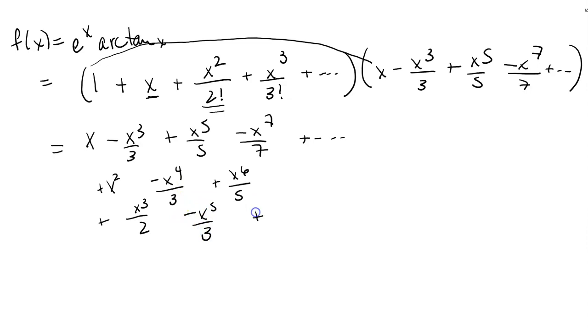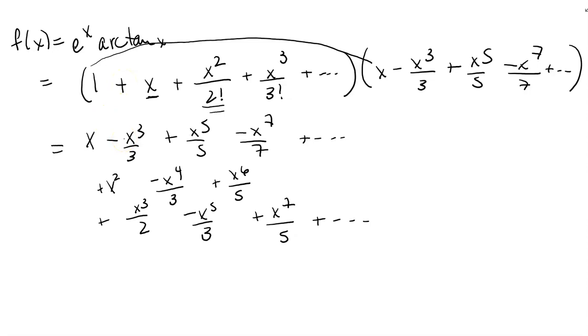And then I would have plus x to the 7th over 5, and so on and so forth. And so you can see that what's going to happen is this is the last time I'm going to get these powers, because when I start multiplying the x cubed, this automatically becomes x to the 4th, and so on and so forth.